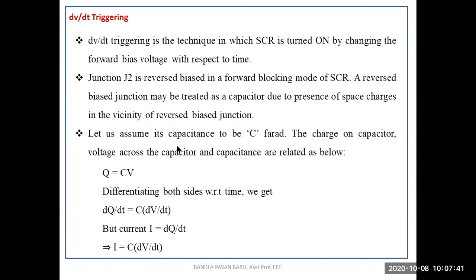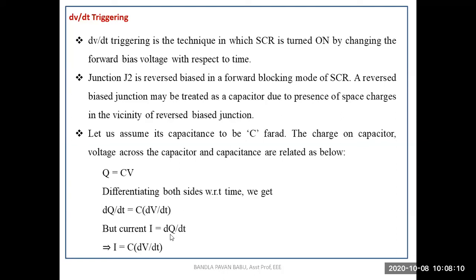Let us assume its capacitance to be C, and the charge on the capacitor as Q. The relation is Q equals CV. Differentiating on both sides with respect to time, we get dq by dt equals C into dV by dt. That means the rate of change of charge equals the capacitance, which is constant, into the rate of change of voltage with respect to time.